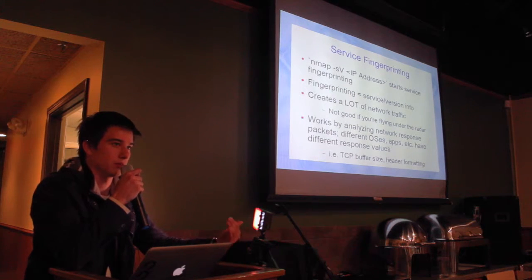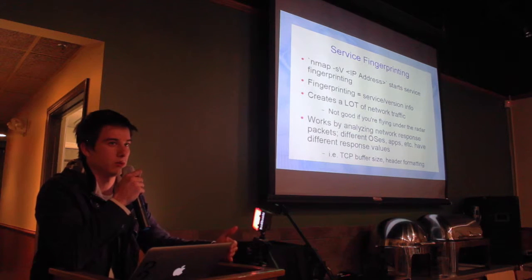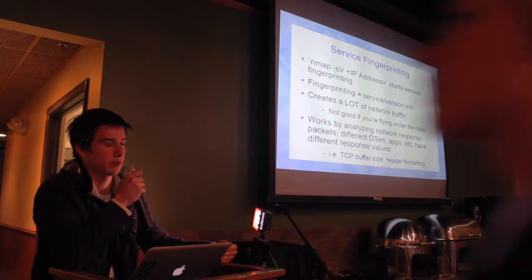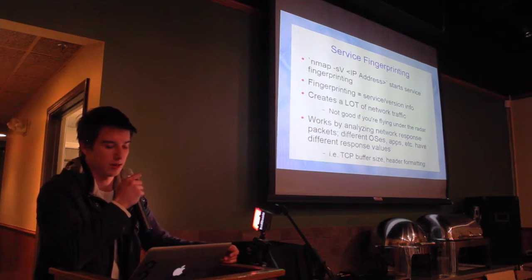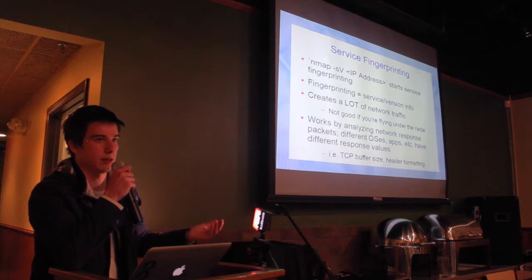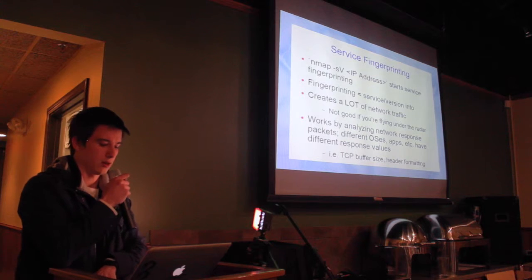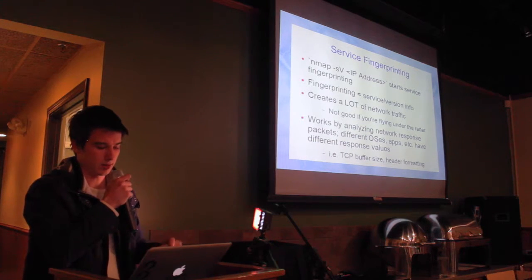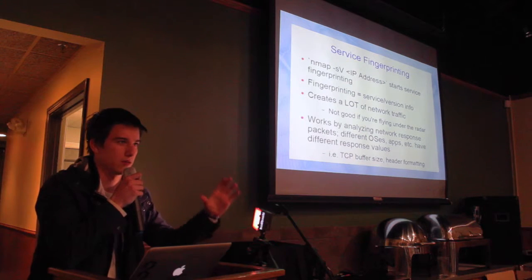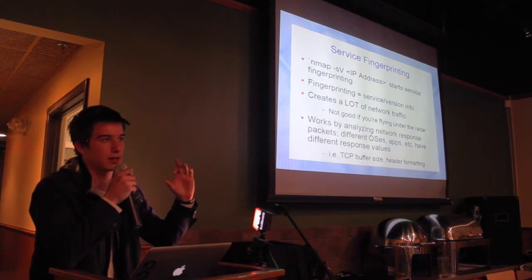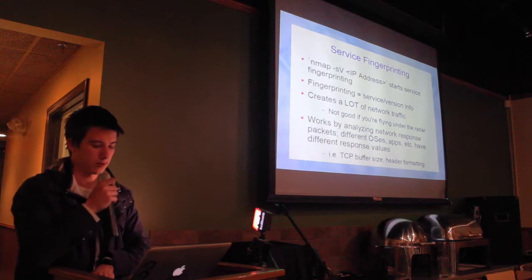Depending on the response, let's say it's an FTP banner and Nmap recognizes that, it will tell you with near 100% certainty that it is FTP living at that port, because it's possible to put FTP at a different port, like port 80, if you want. It does this by analyzing the response from the server, like TCP buffer size, which is the max size a TCP packet can be. Some OSs even have different buffer sizes.